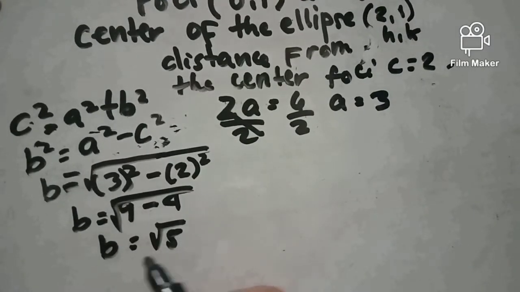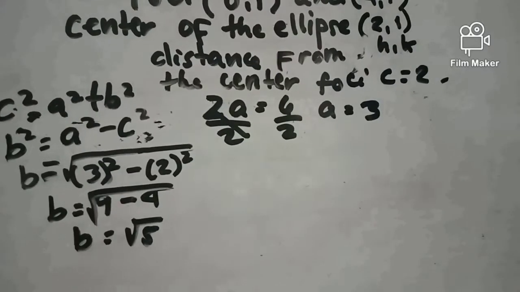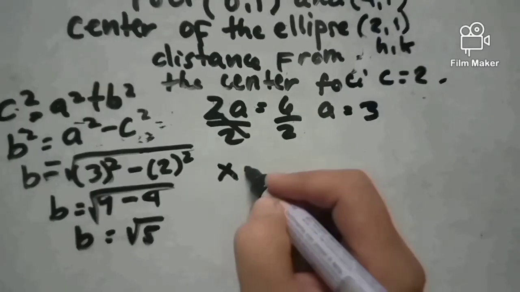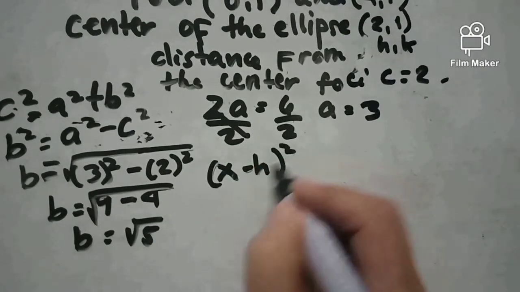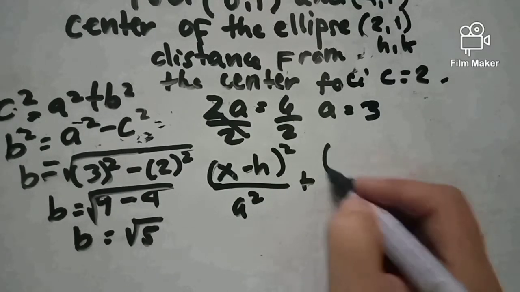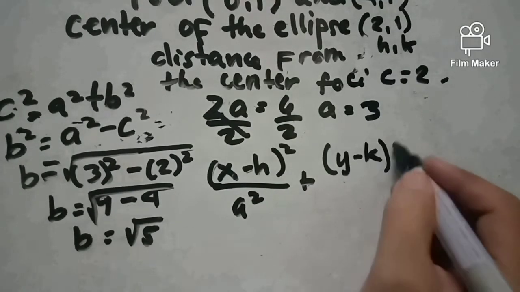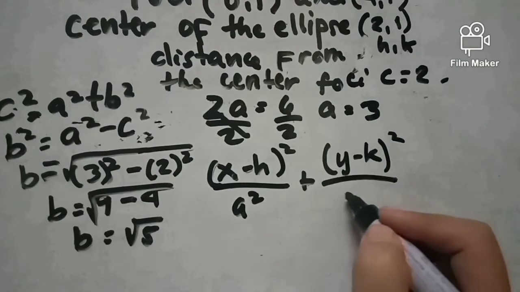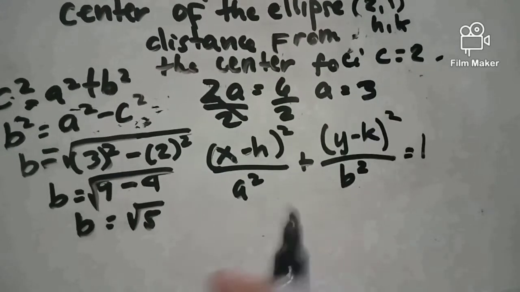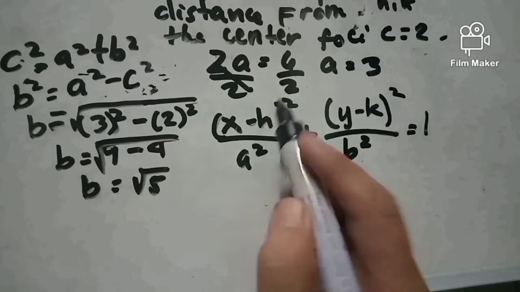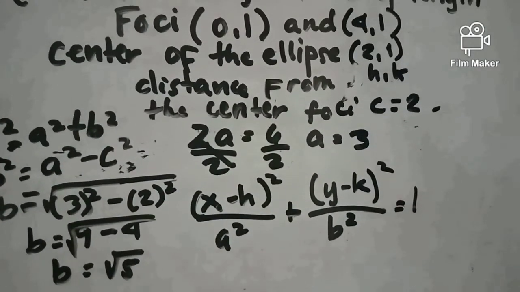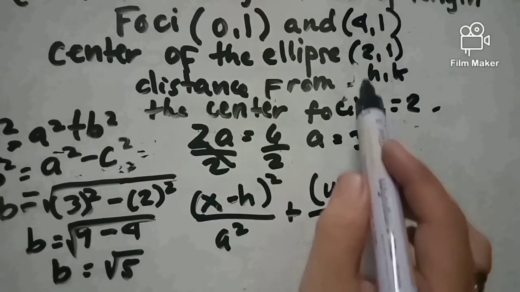Okay. So, balikan natin yung formula na H and K. Yung horizontal formula: (X minus H) squared over A squared plus (Y minus K) squared over B squared. So, paano natin substitute? Meron na tayong H and K. Center natin, yung (2, 1).